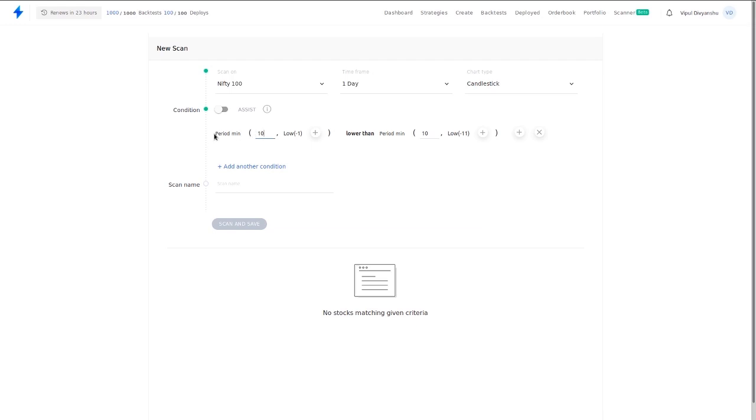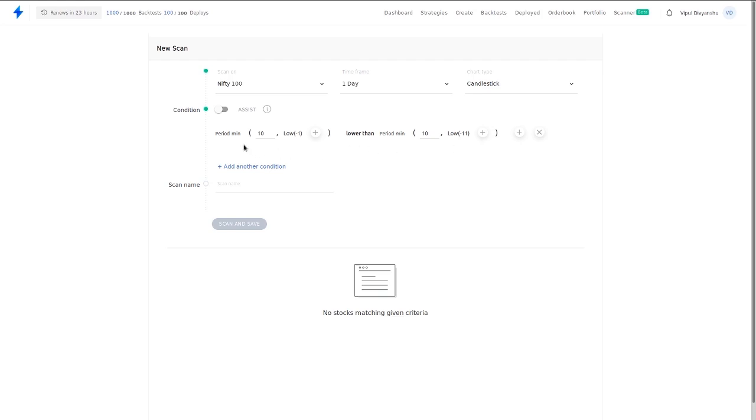The first line identifies the lowest low that was formed in last 10 candles. Now this identifies the lowest low that was formed in last 10 candles after 10 candles, so the lowest low going back.